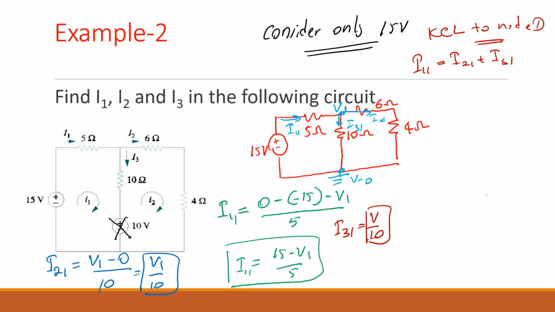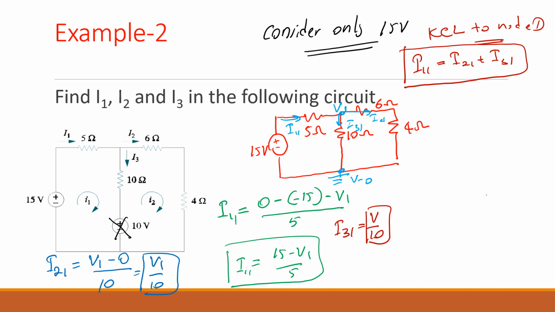Any questions? Can you put the currents in that KCL equation and find me the V1, please. It is 6 and 4. The 2 is going across 6 and 4, so they are in series.